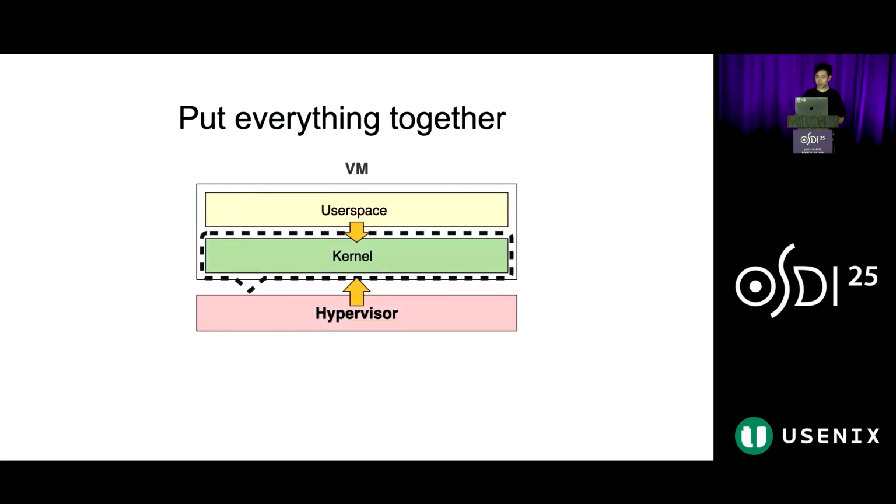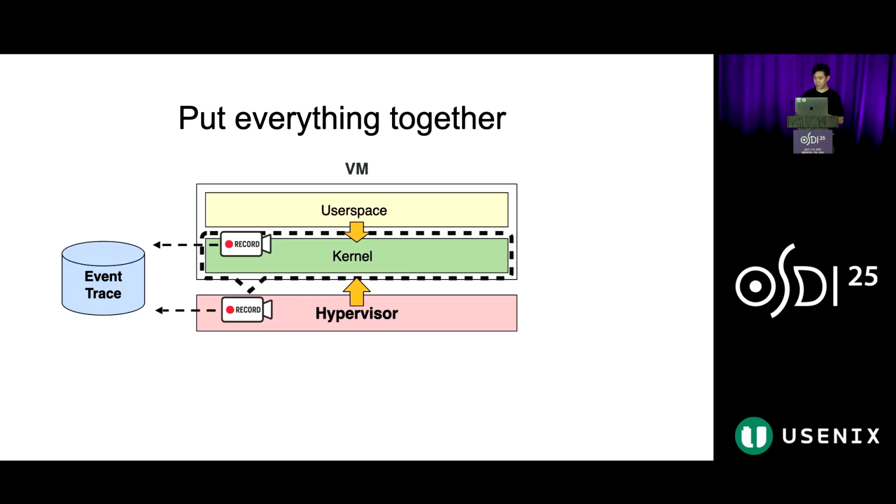Now, let's put everything together. In KRR, there are two recorders. One is running in the hypervisor. The other one is running in the guest kernel. They collaboratively record the kernel inputs into a shared event trace.